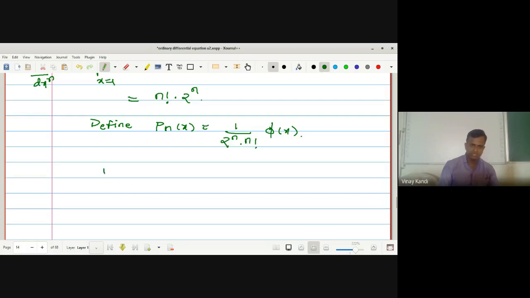Okay, that is Pn of x is equal to 1 upon 2 raised to n into n factorial. What is phi of x? D raised to n upon dx raised to n into x square minus 1 bracket raised to n.